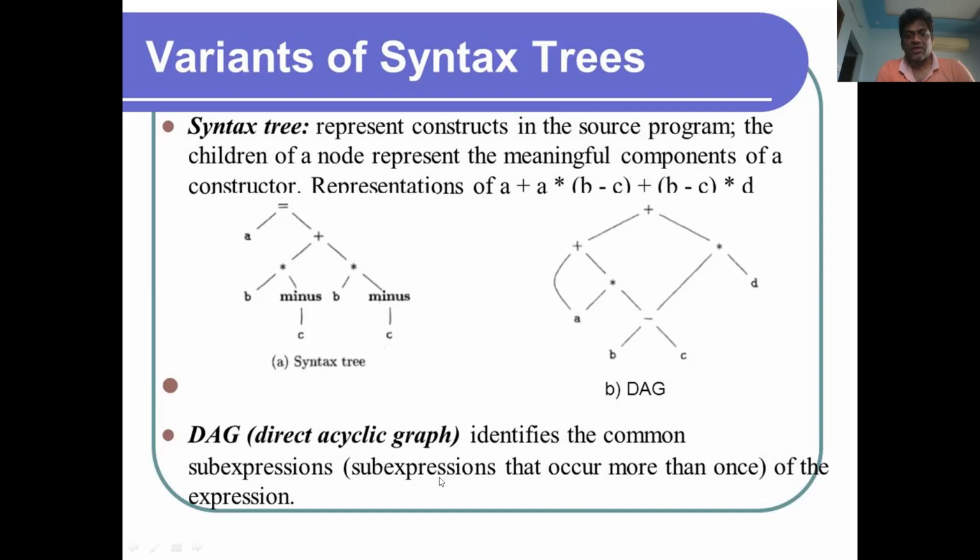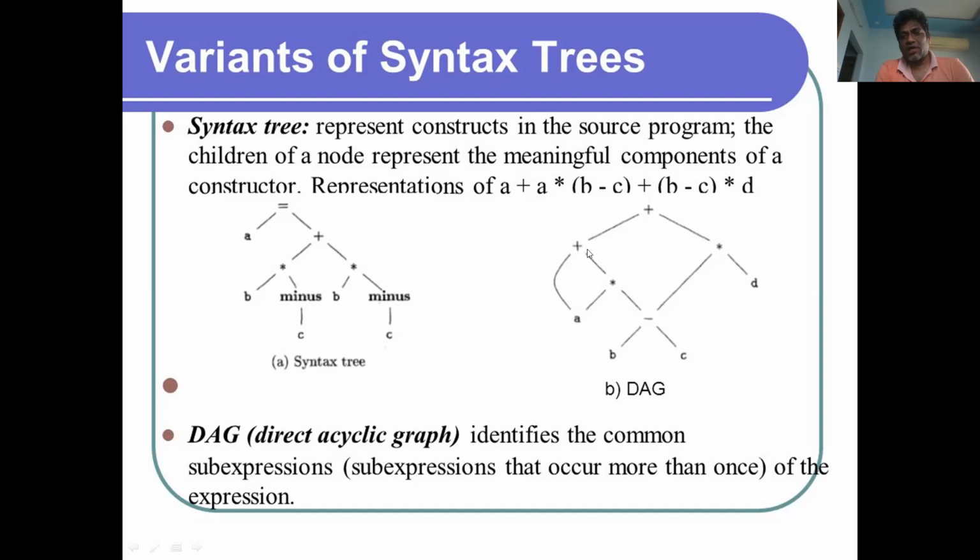Common sub-expressions are nothing but the sub-expressions that occur more than once and represent that common sub-expressions as a single instance like this. So what is happening here? Actually, A is occurring twice.